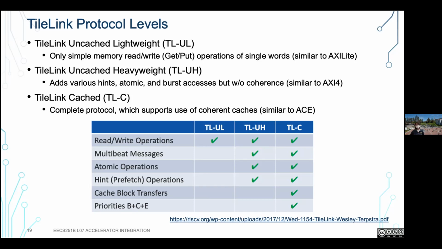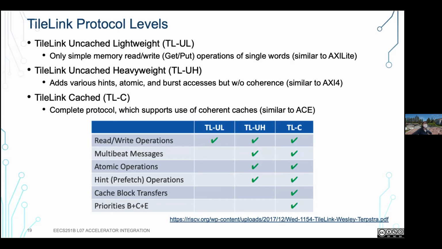So this is the coherence support, the highest level and most complex level, the TL-C part. It supports coherent transfers, and everything is very inclusive, going up to more complex. I will talk about the detailed implementation in a minute, but the key differentiating factor is that this is a protocol that supports coherence.